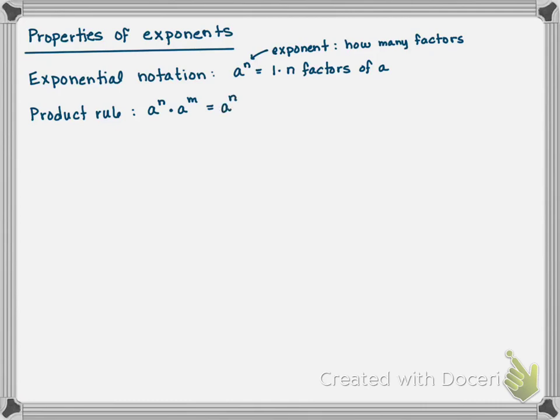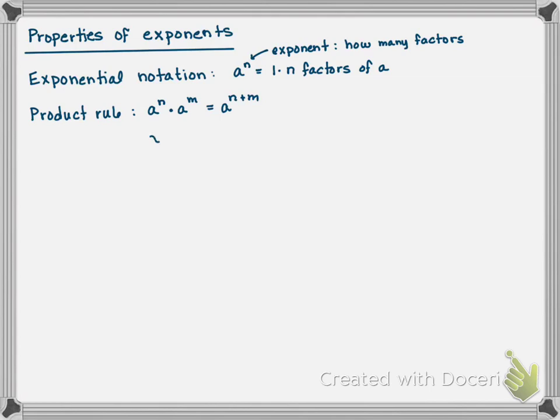Well, I had n, and then I have m more. Don't you just add them? Yes, because we start with n on our counter and count up m more times. We wouldn't multiply the number of factors, because the things being multiplied are the a's. The exponent is just counting how many times we're doing that.